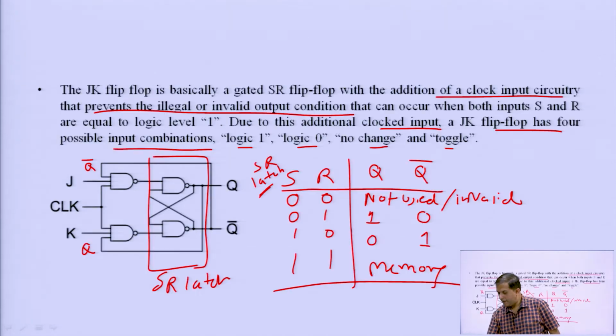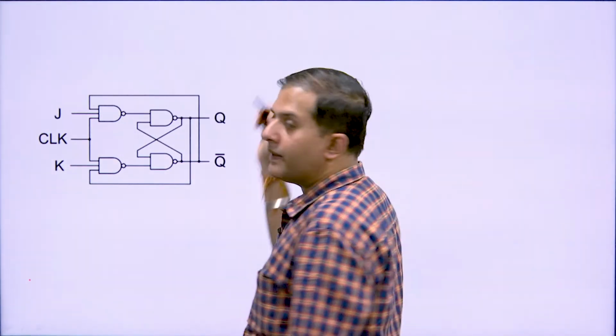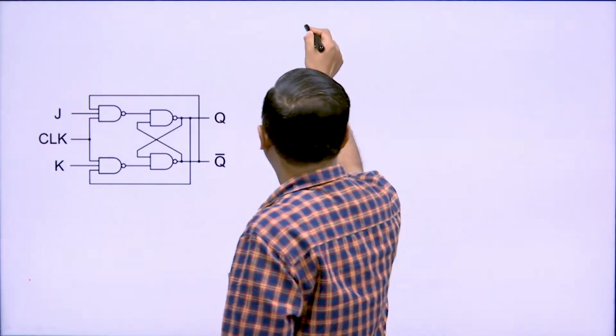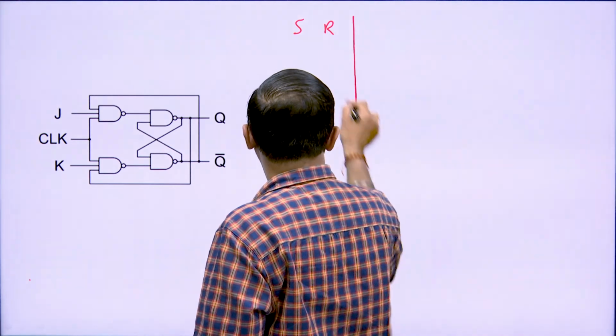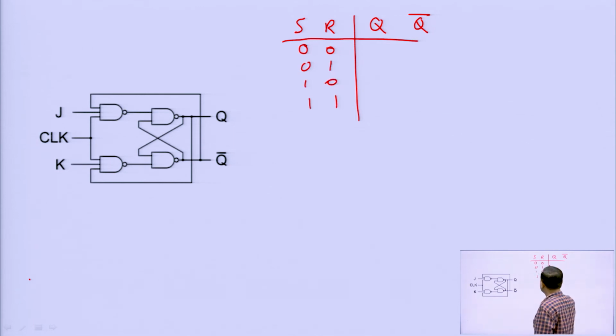Let us start with the truth table of SR latch. SR we have already seen, this is Q and Q bar, 0 0, 0 1, 1 0 and 1 1. When both are 0 0, that is the invalid case.